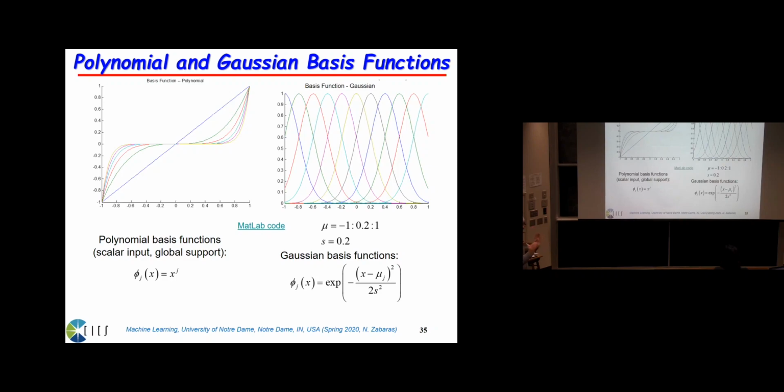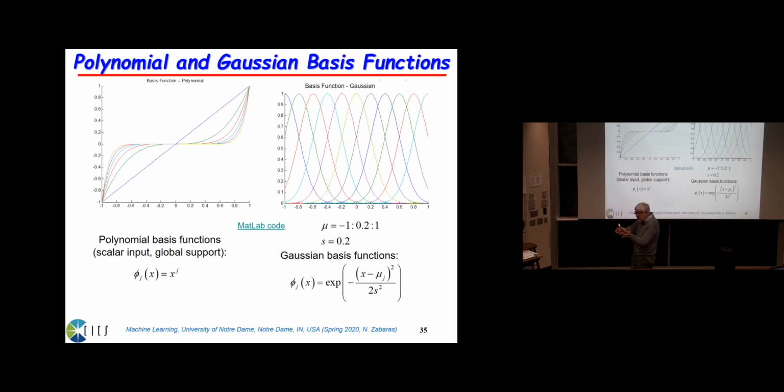So effectively, the things that you learn in mathematics, where you say I'm going to use polynomials, or I'm going to use Legendre functions, etc., are not good for what we do here. We need functions of local support. We need basis functions that only influence the response around their center.